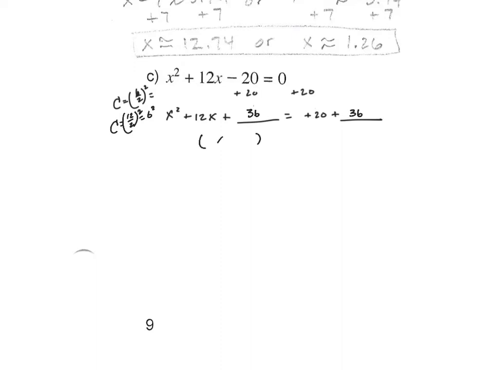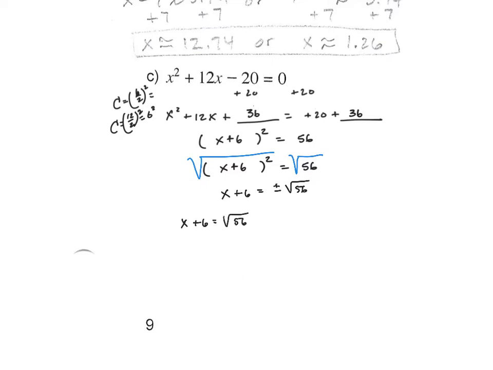When I factor my left side, I get x plus 6 squared, and that is going to be equal to 56. And again, we're going to find the square root of both sides. I know that x plus 6 is equal to plus or minus the square root of 56. So we have x plus 6 is equal to the square root of 56, or x plus 6 is equal to negative square root of 56.